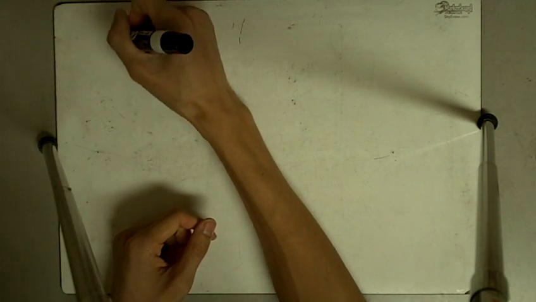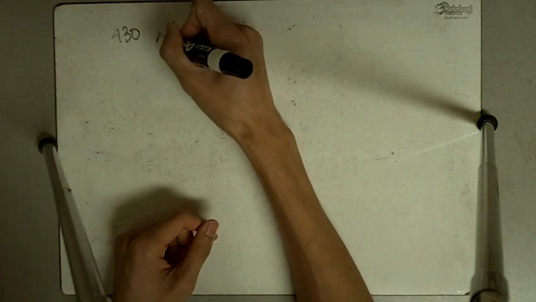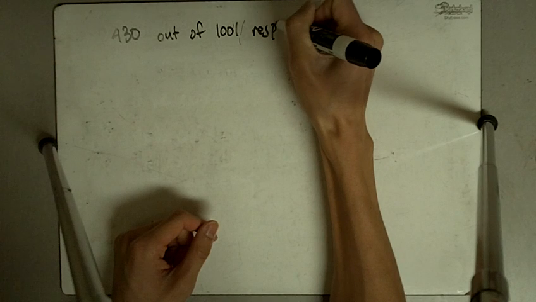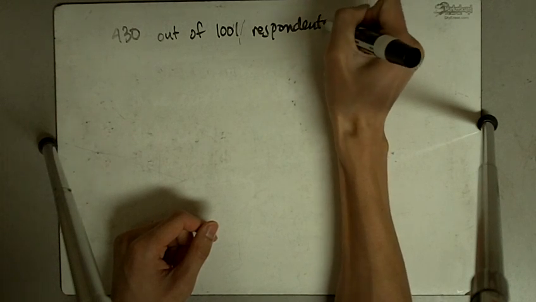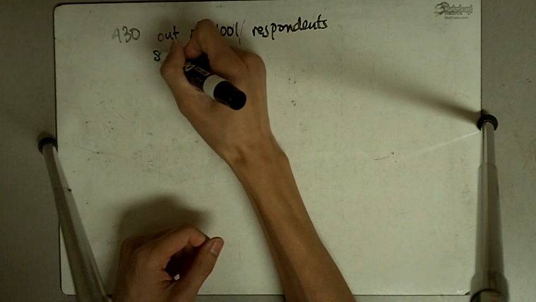All right, in number 59, it says a Pew poll was asked for people's opinions on whether closing local newspapers will hurt civic life. 430 out of 1,001 respondents said it would hurt civic life.